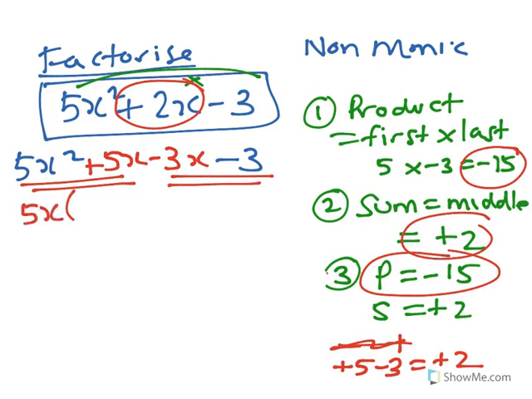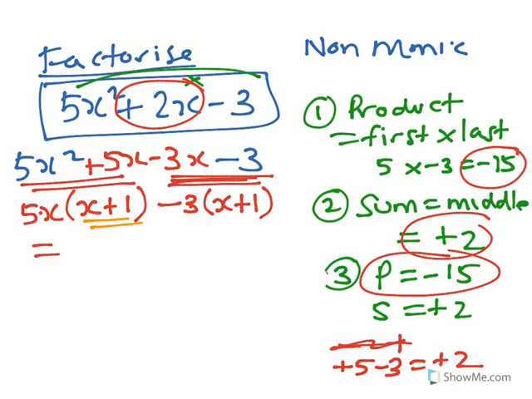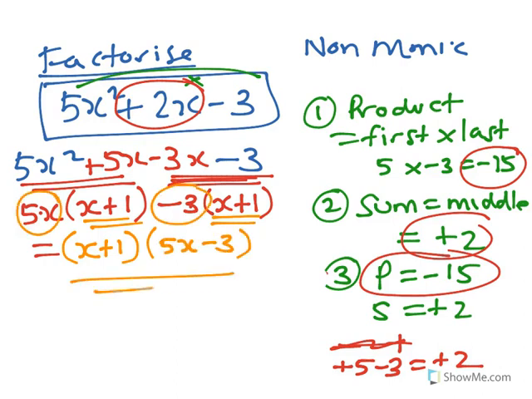You take the 5x out, so you get x plus 1, since 5x times 1 gives you 5x. And this is minus 3: 3 times x is 3x, 3 times 1 is 3. Then if you look at this, what's common in both of these is x plus 1, and what's left is 5x minus 3.